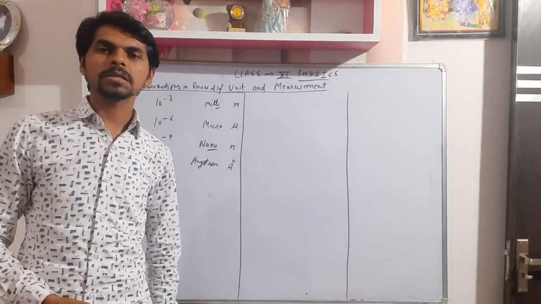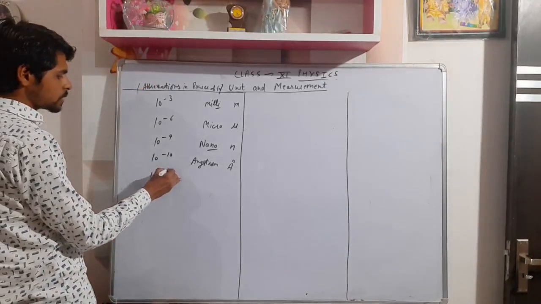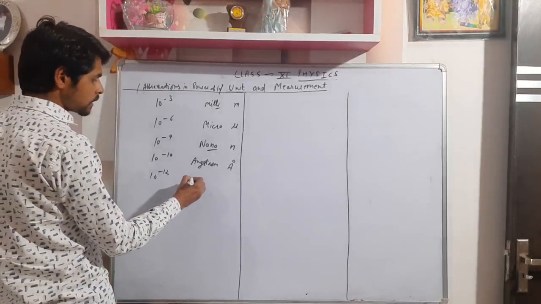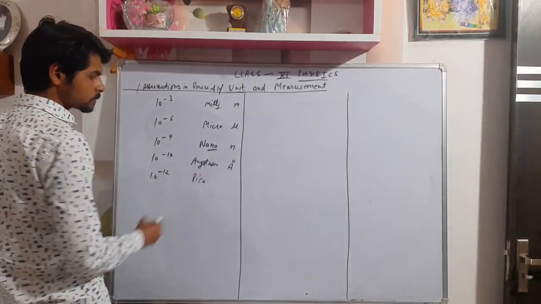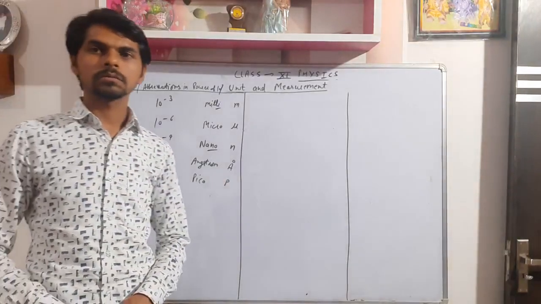Now 10 to the power minus 12, that is pico. P, that is pico.